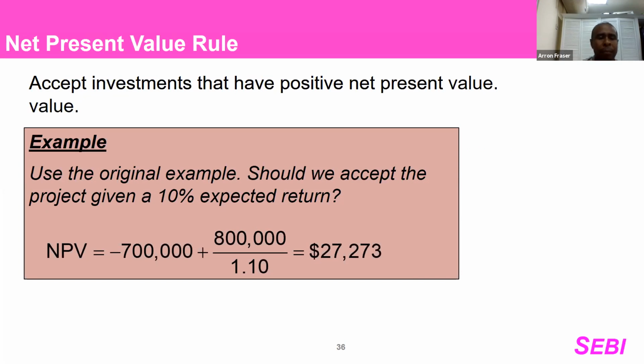So if we use the original example, we're asking whether or not we should accept this project. We invested 700,000, but now a comparable investment had a risk of 10%.